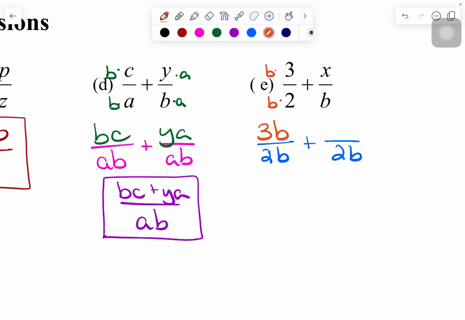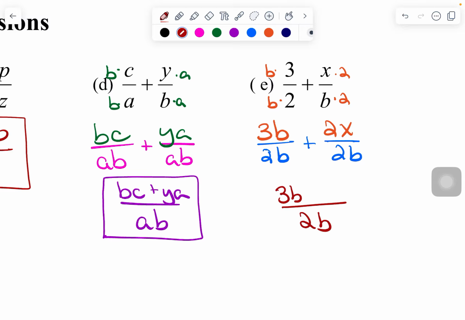So B times 3 is the same thing as 3B. And then to get from B here to 2B here, you'd multiply by 2, so 2x, or x times 2. And after all this hard work, we've got a common denominator of 2B. The numerator is 3B plus 2x. And those are not like terms, so let it be what it is.